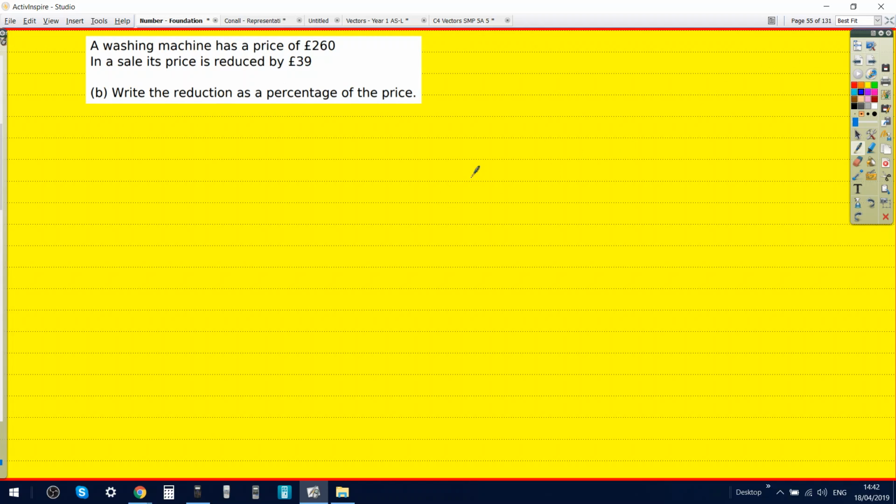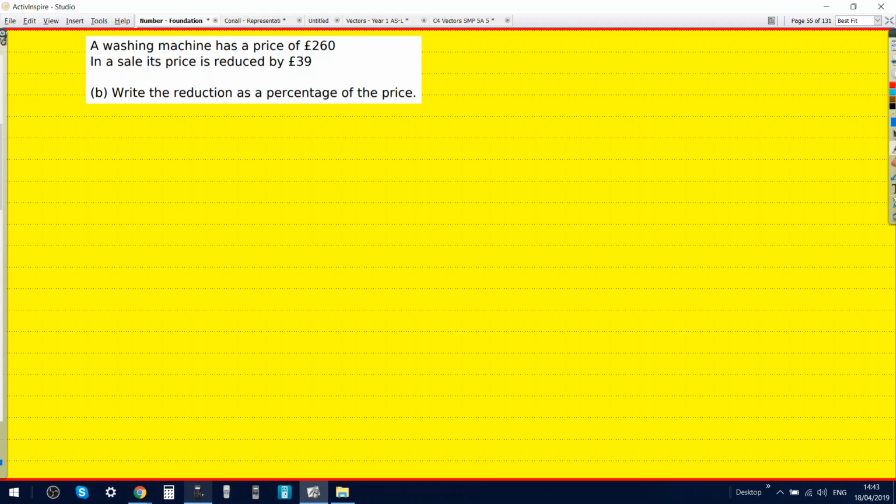Okay, how about this one? Okay, let's reduce. Write the reduction as a percentage of the price. As a percentage. So basically, 260 pounds, take away 39 pounds, gives us the difference in money.